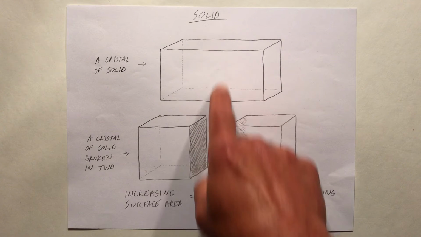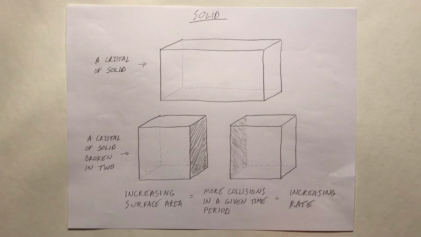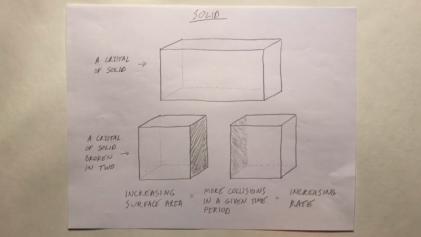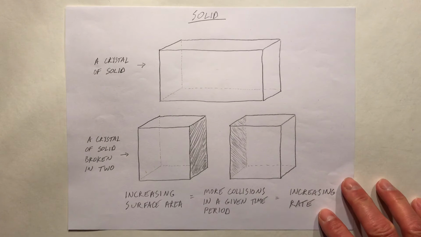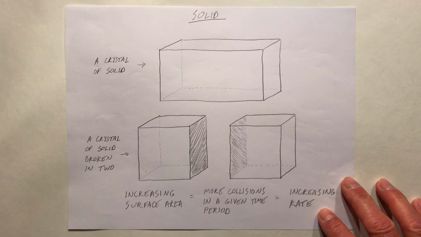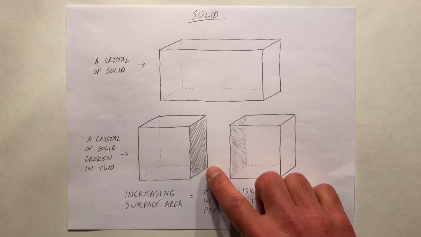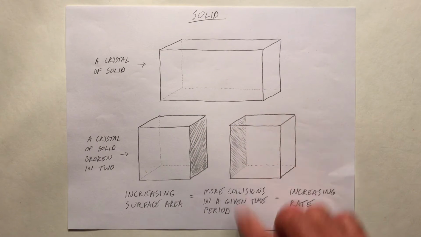Now let's break that particle in two. So we no longer have one crystal, now we have two crystals. Notice that we now have two new surfaces upon which a particle could collide. That would be this shaded surface here and this shaded surface here.